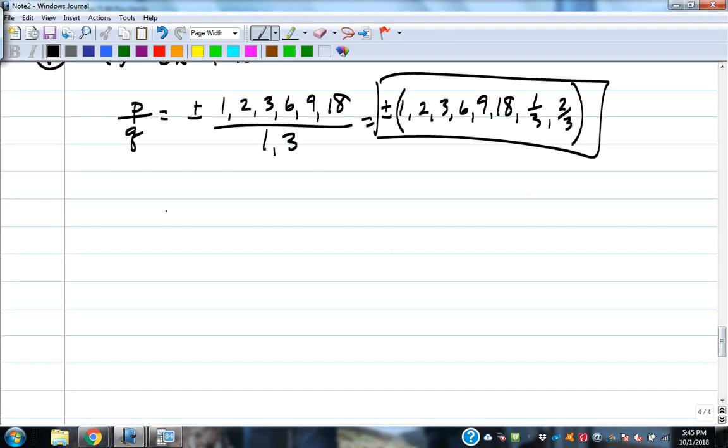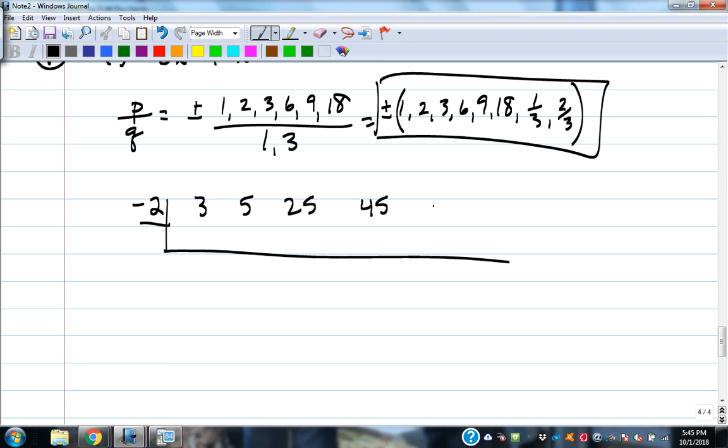On my synthetic, on the shelf, I'm putting -2. 3, 5, 25, 45, -18. Run that through. Drop down, multiply.